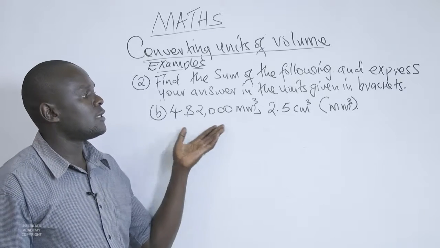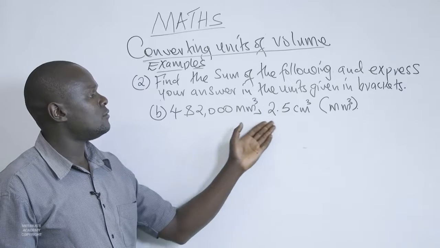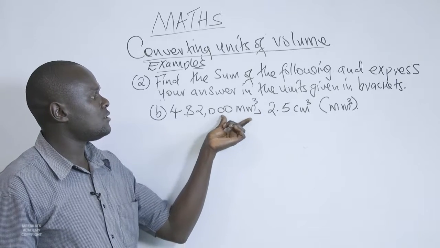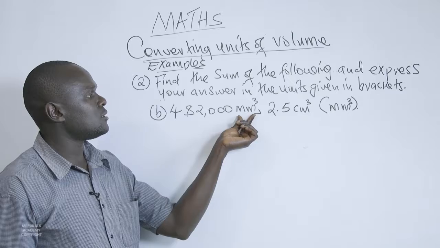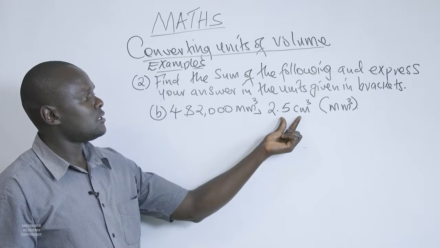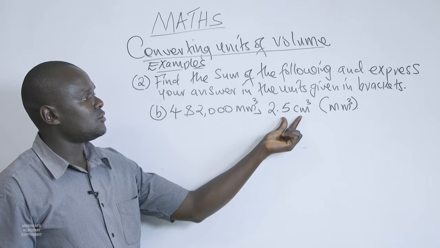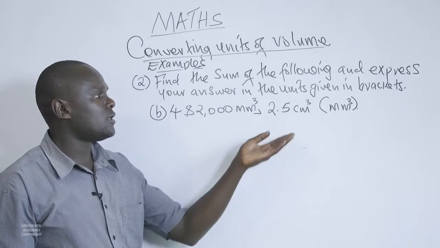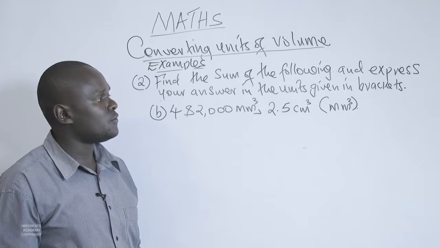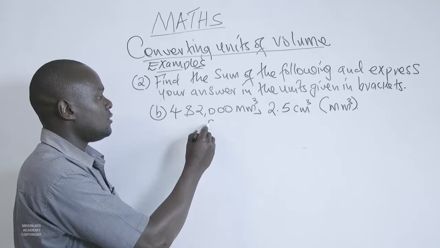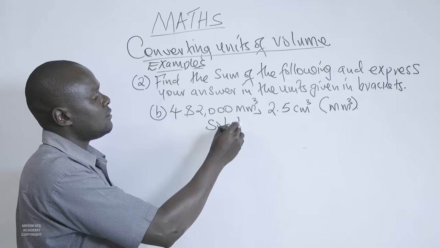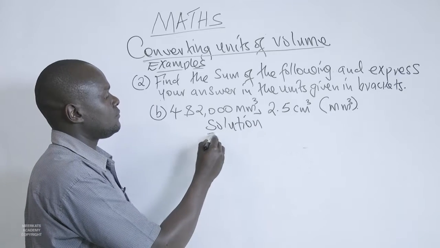We first of all look at the values that we have. This one is already expressed in cubic millimeters. The second part is in cubic centimeters, so we need to convert it to cubic millimeters before we perform the addition, just like the way we have done it in the first part.